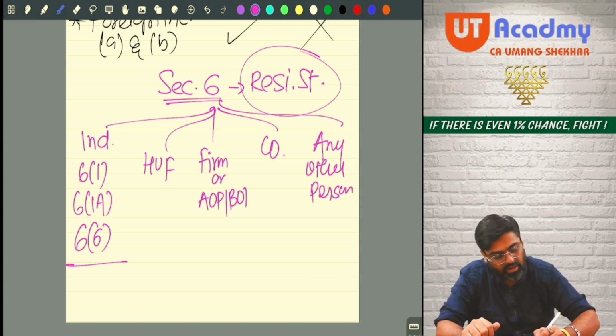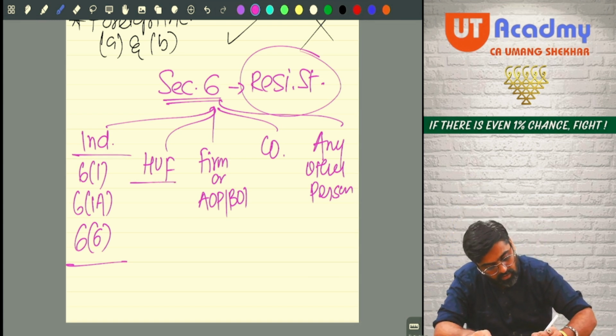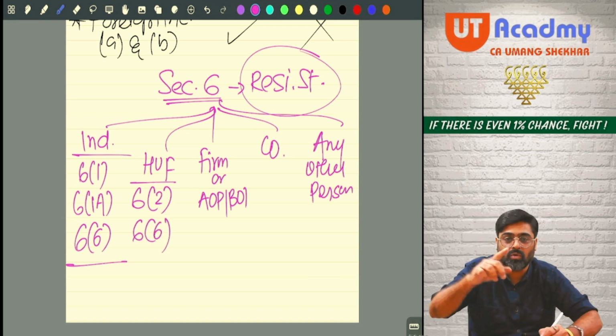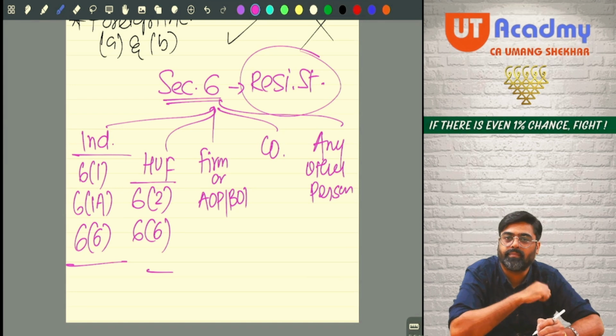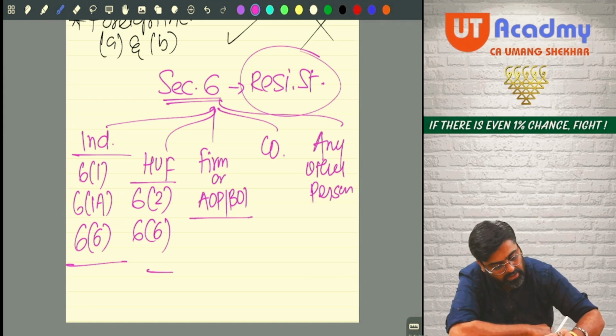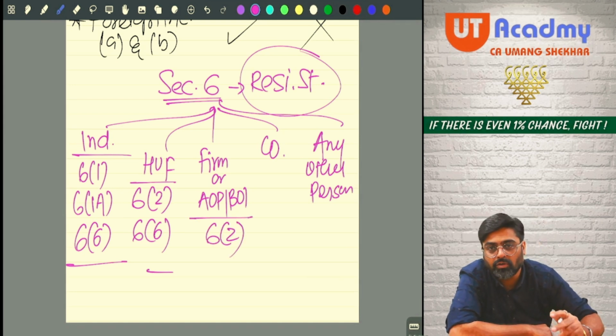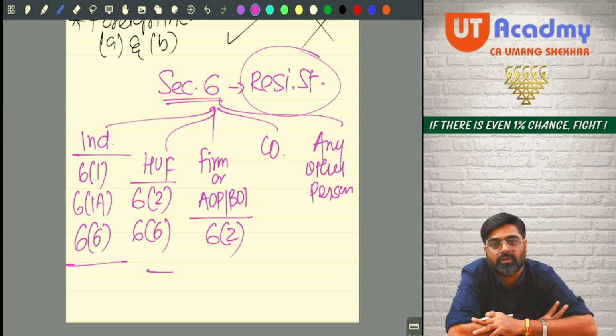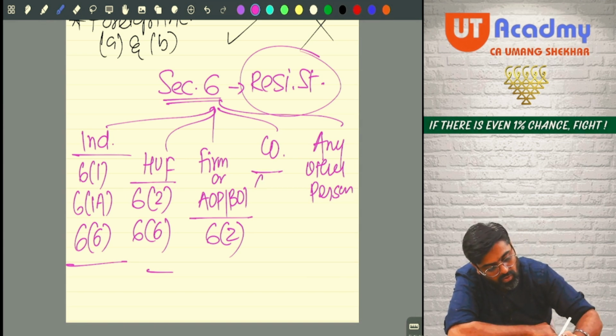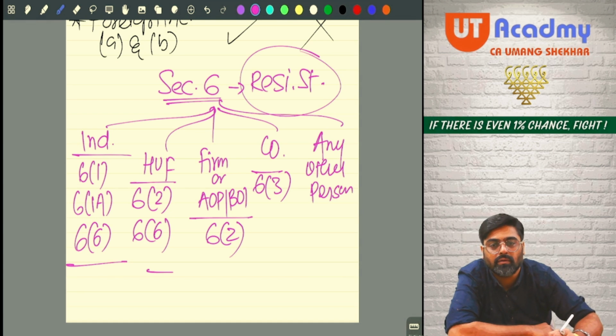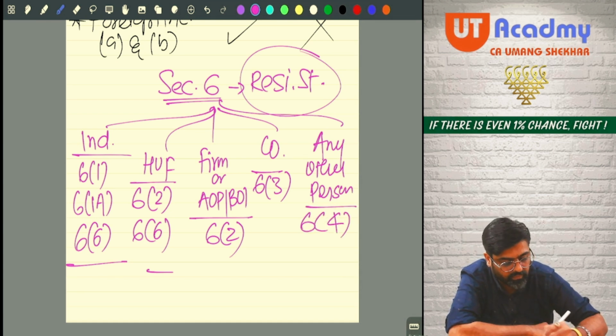Okay, come HUF, you come here. You check 6.2 and 6.6. You will come to know your residential status. If you are a firm or AOP or BOI, just check 6.2. You will come to know your residential status. If you are a company, go and check 6.3. If you are any other person, go and check 6.4.